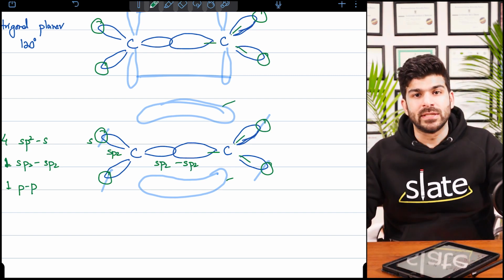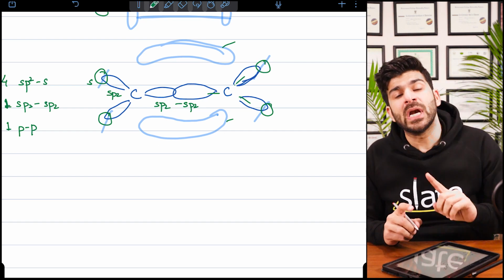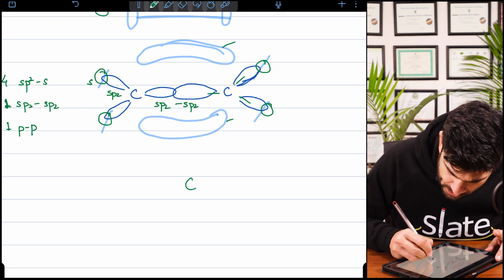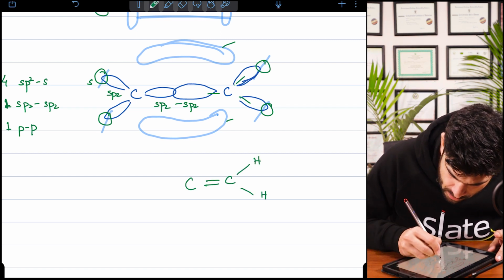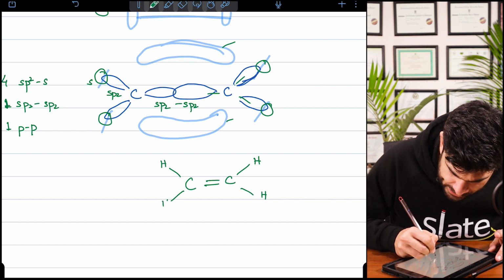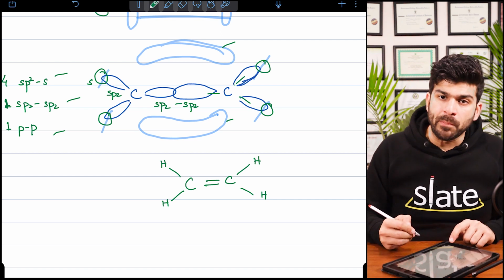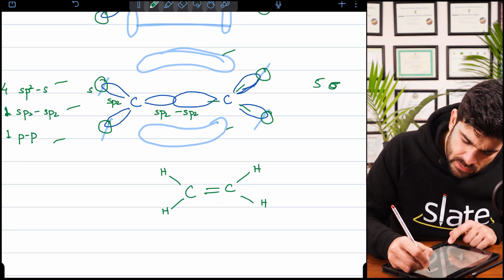This was sideways. And as I said, the pp overlap accounts for the second bond in a double bond. In the exam, they can ask you about the overlaps. And what are the bonds that we have? We have 5 sigma bonds and 1 pi.